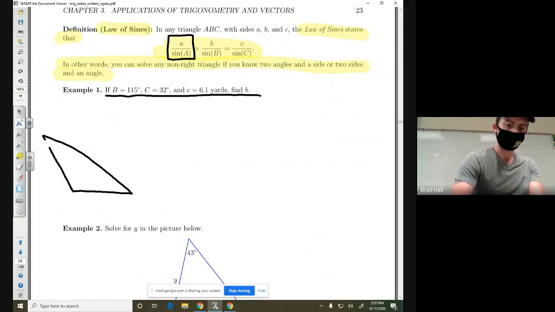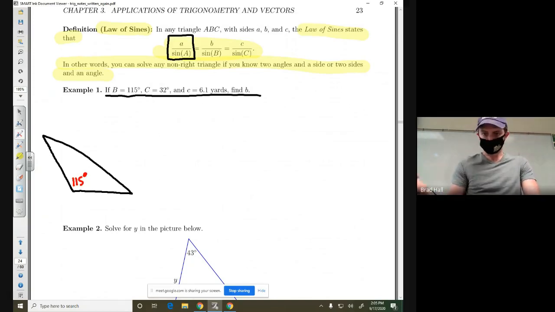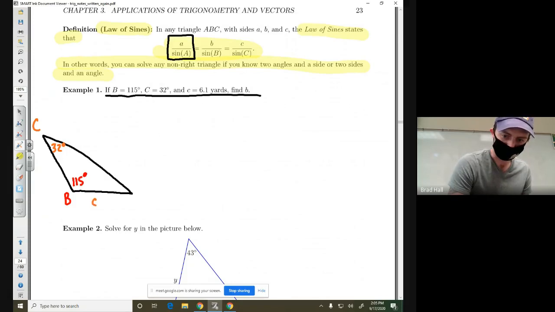You don't have to draw it out; this is just to help us. The obtuse angle would be 115. We can call that B. We can make C 32. That means lowercase c would be down here, and we are looking for lowercase b.